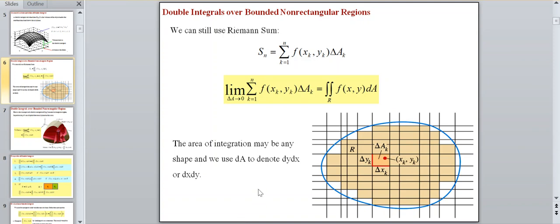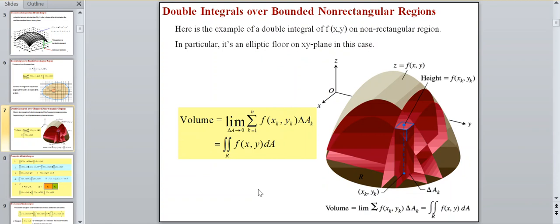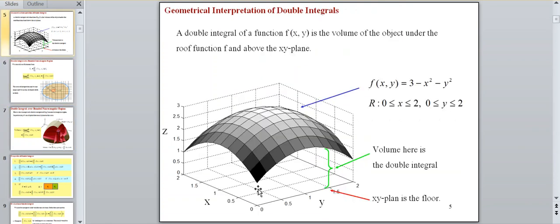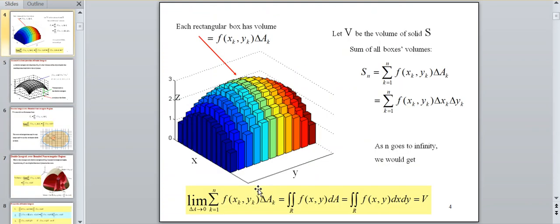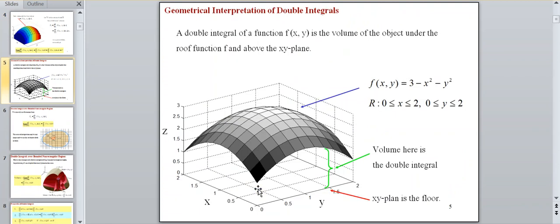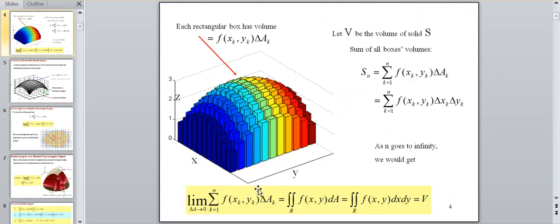Next, let me explain the geometrical interpretation, or meaning, of a double integral. Look here.